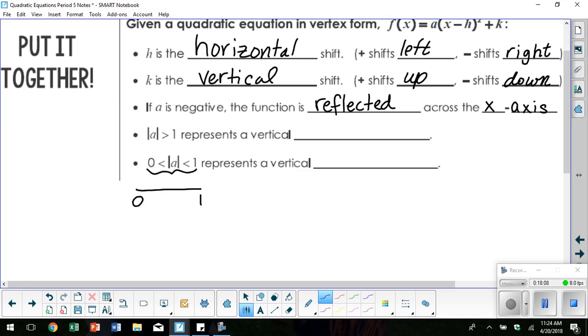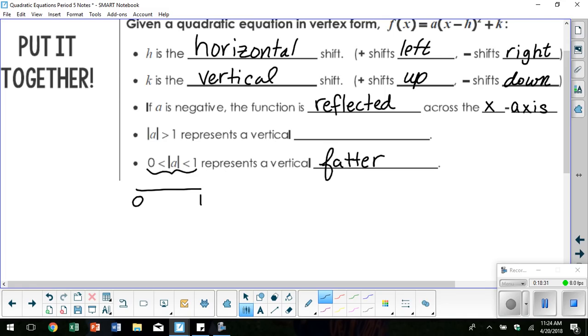Decimals and fractions, right? Real small things. These types of parabolas, when they're graphed, get fatter, they get wider, because you start at the vertex and they go out really, really slow.